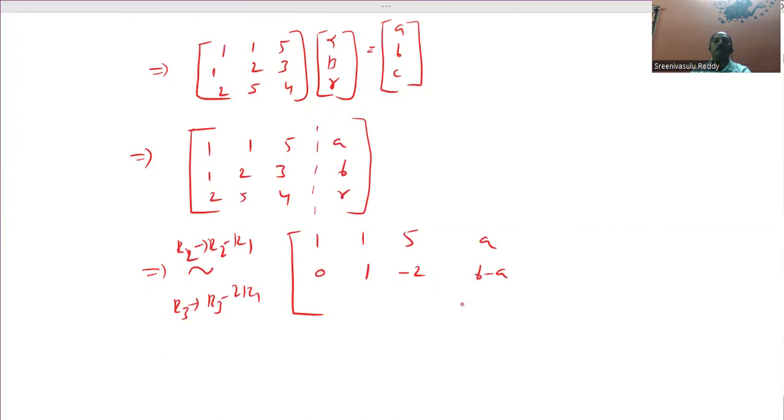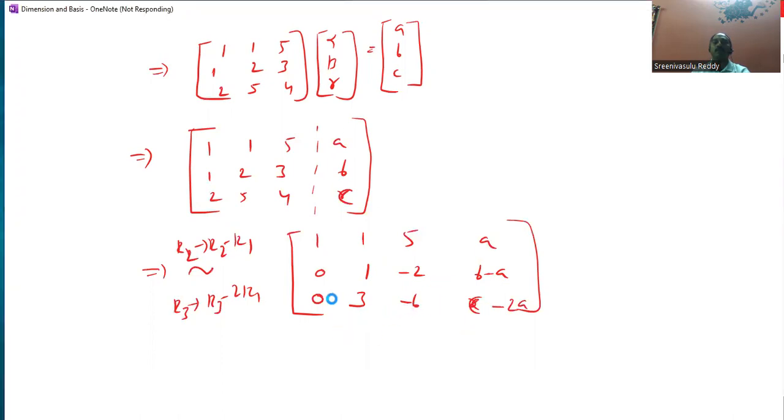Now the third row becomes (0, 3, 4 minus 10), and 4 minus 10 means minus 6, with C minus 2A. It is not in echelon form, because the second diagonal element is 1 and below it is 3. So one more time, we apply the row operation to the third row using the second row.